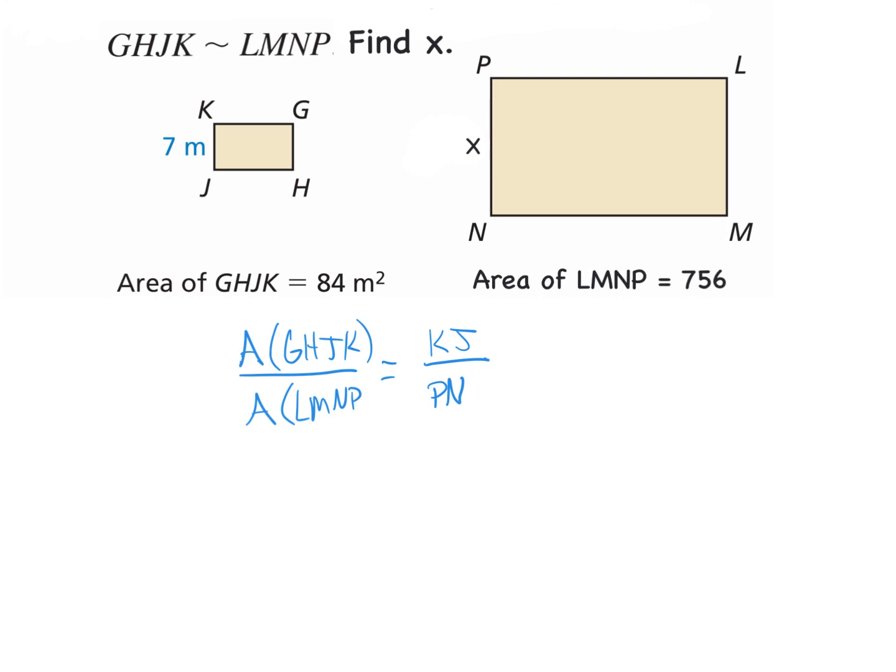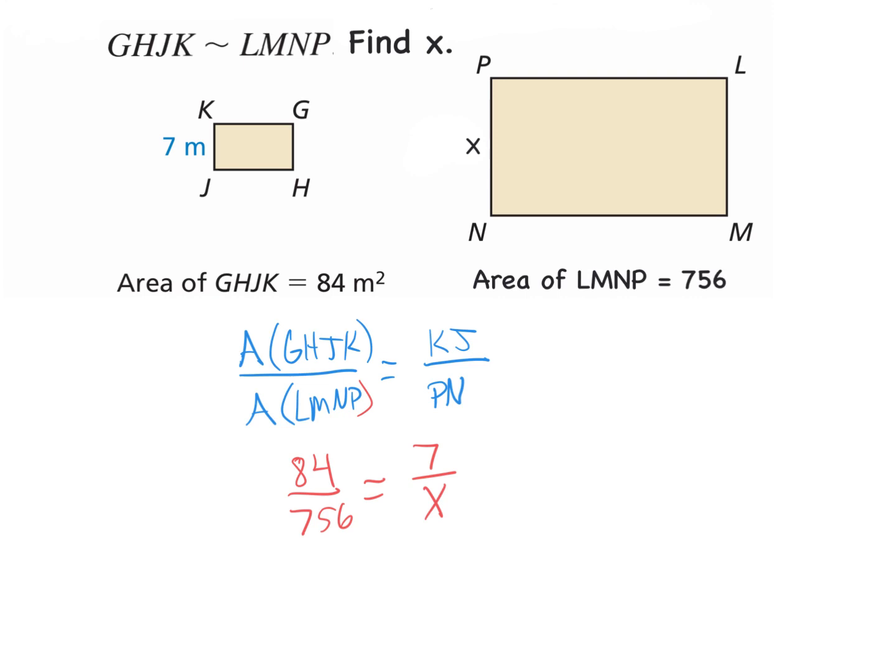The area of GHJK is how much? 84. The area of LMNP? 756. KJ? 7. And PN? X. Okay.